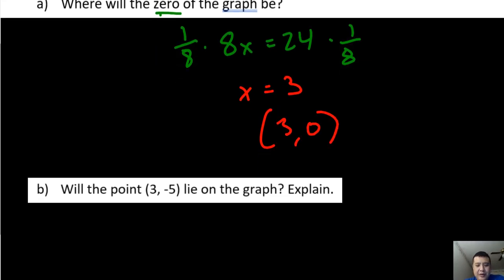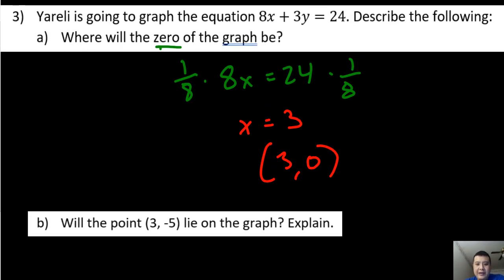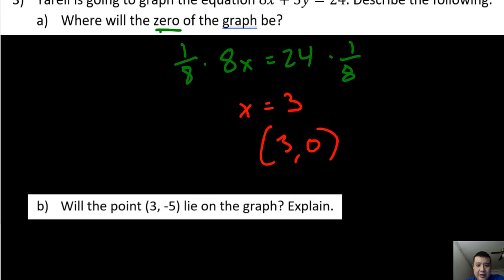The next question says, will (3, -5) lie on the graph? Explain. Well, if (3, -5) lies on the graph, that means that if we plug these two numbers in for the x and the y, that would get us 24. So let's see if it does that. So 8 times 3 plus 3 times negative 5. Does that get us 24?